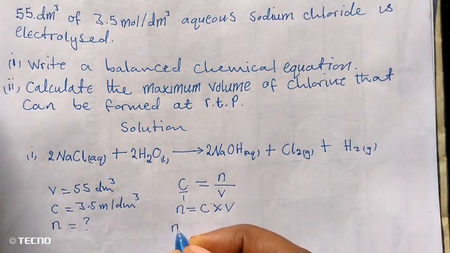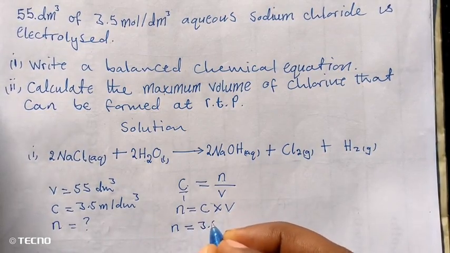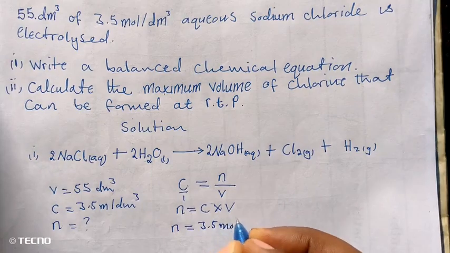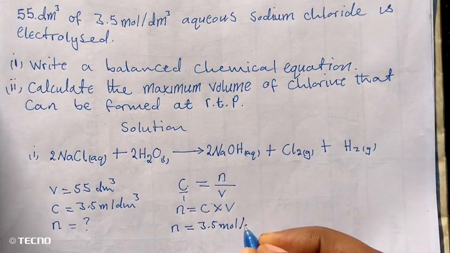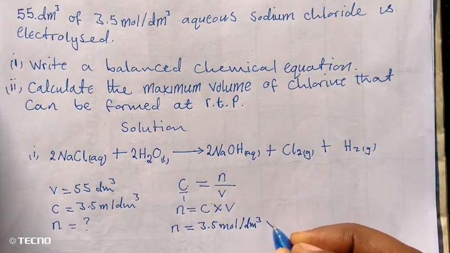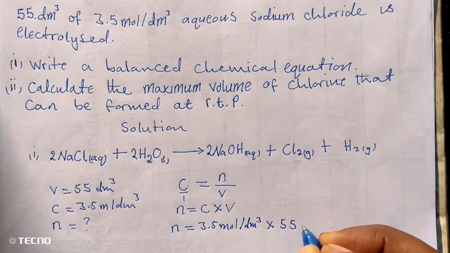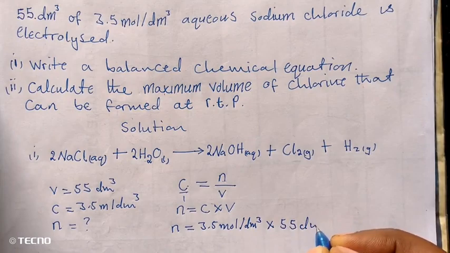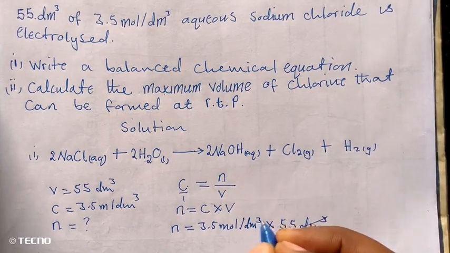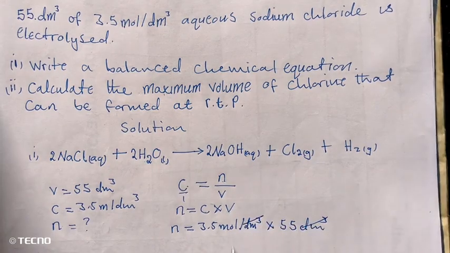So it will be n is equal to C is 3.5 mole per decimeter cube, then times 55 decimeter cube. So this and this unit will disappear. Then you just remain with this mole.